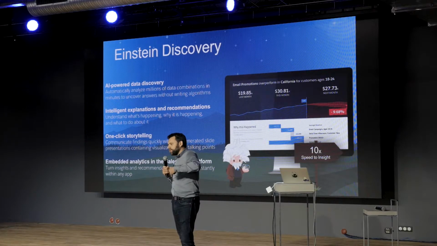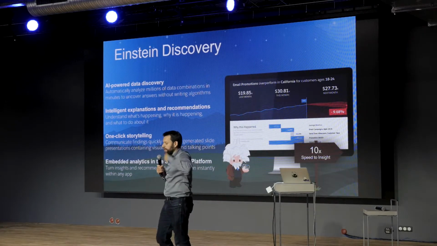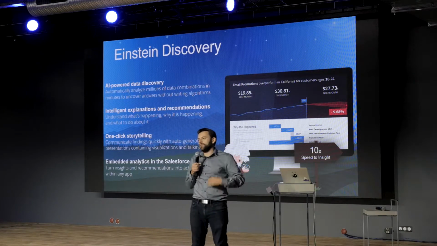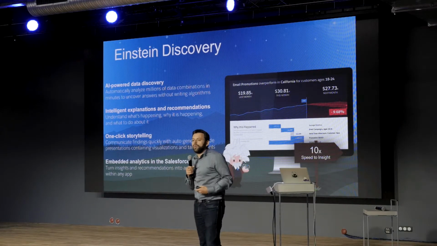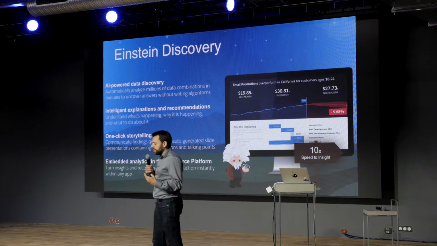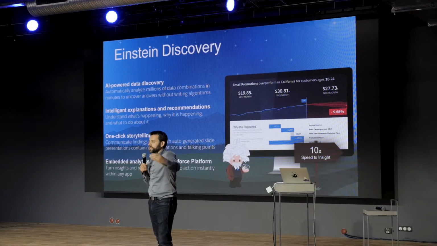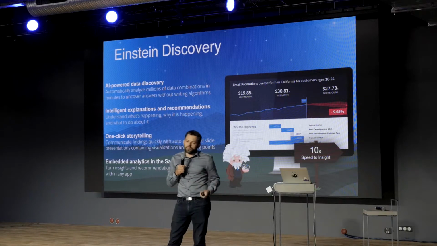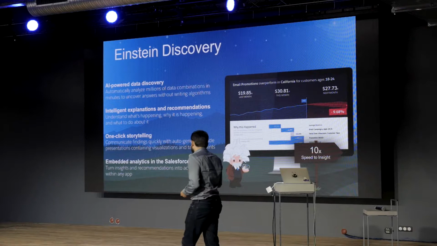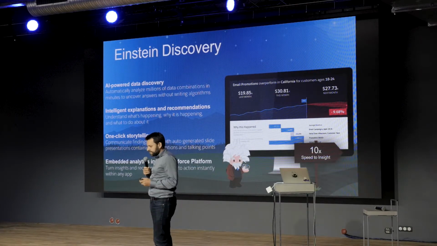You will then be able to reapply it to Salesforce and do predictions. Of course we also have more features, for example we create what we call a story to explain the model, so that you understand if the machine is going in the right direction or not. And once you're happy, you will be able to embed it inside the platform. So it's really what we want to do with Einstein Discovery.